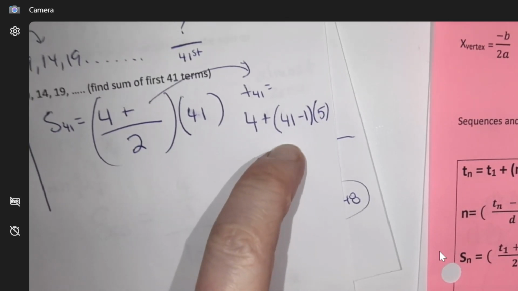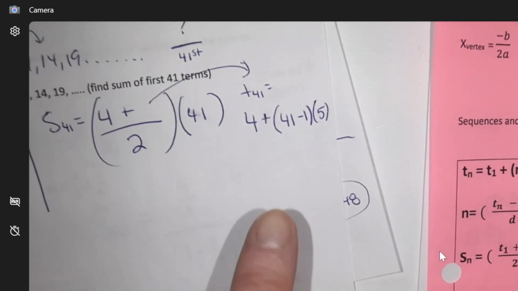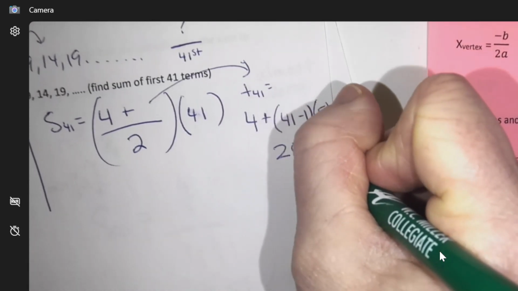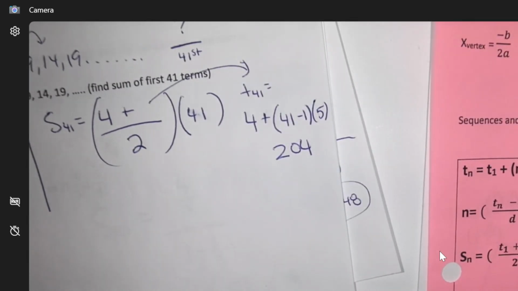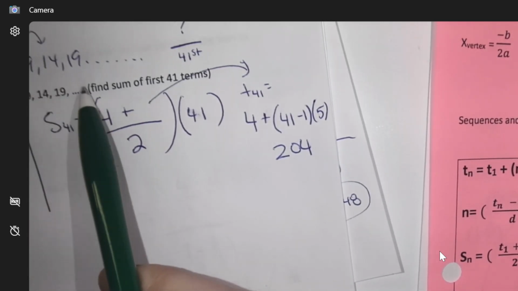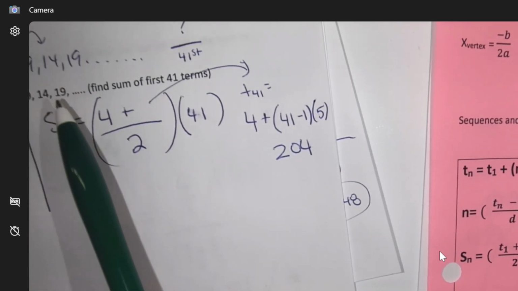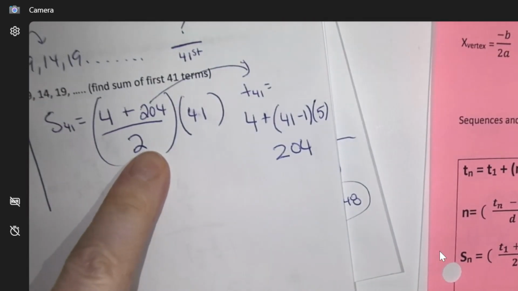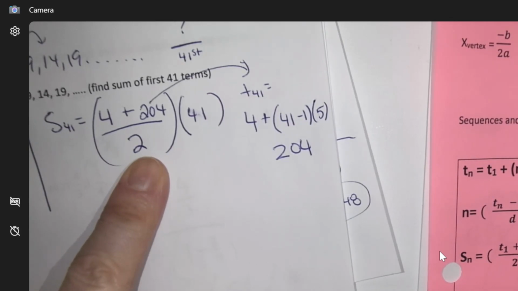Okay, so what term would be at the end of this pattern? Did you get 204? Does that make sense? If you kept going up by 5s, up by 5s, so 204. So now I'm going to go back to my sum formula and I can put that in now.